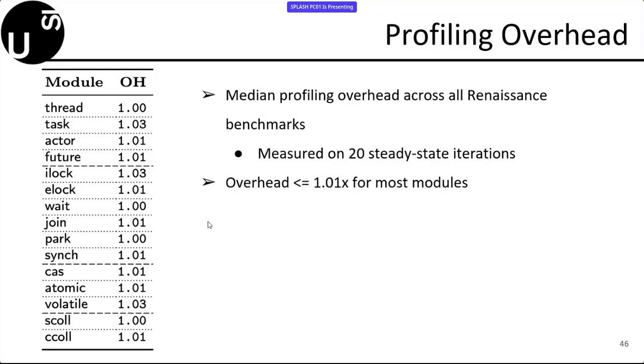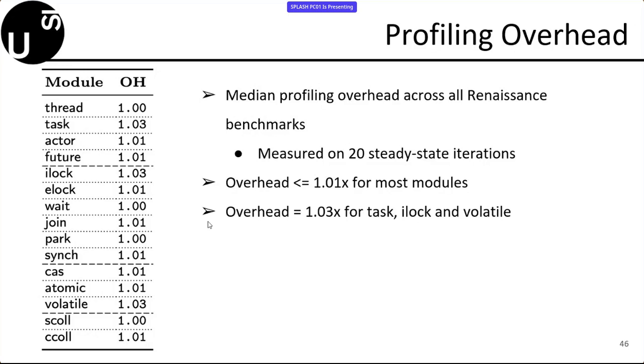There is an exception for three modules, in particular task, ilock, and volatile, where the profiling overhead is equal to a factor of 1.03. And this can be explained, in the module called task, by the relative complexity in profiling the creation in particular and the execution of tasks.